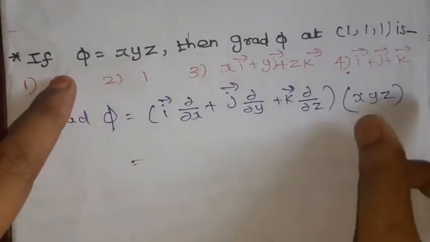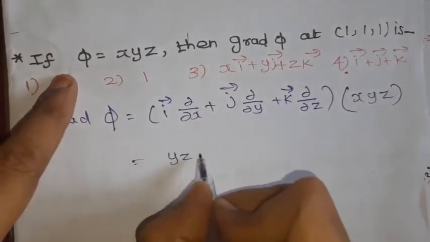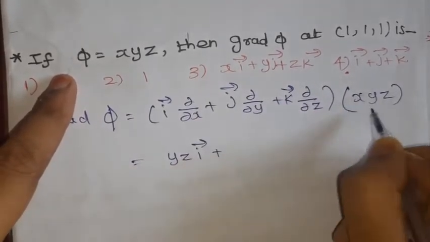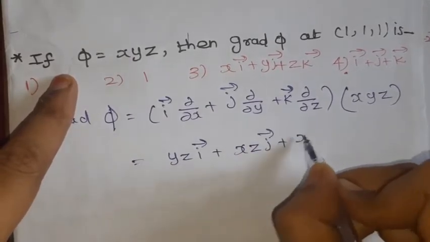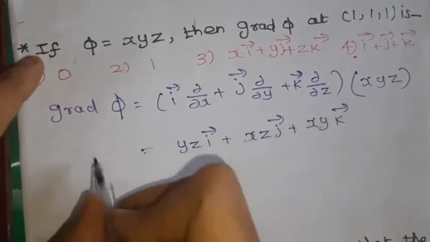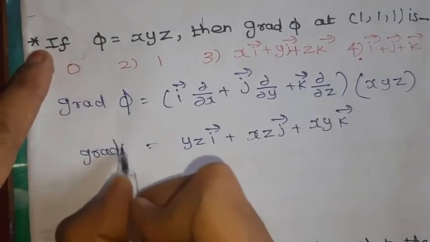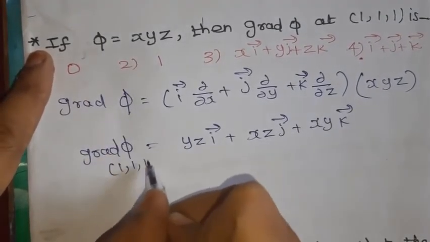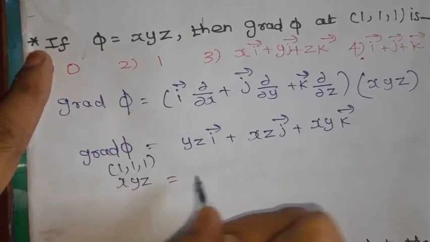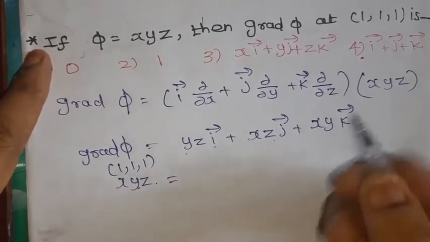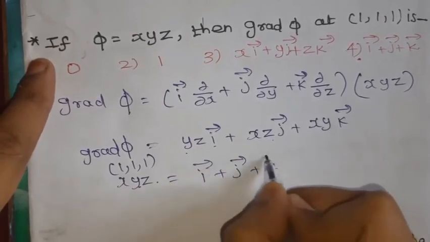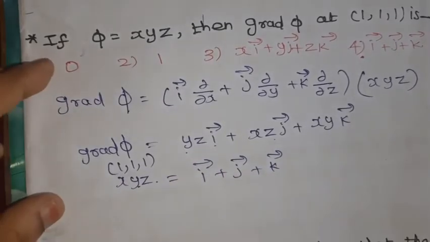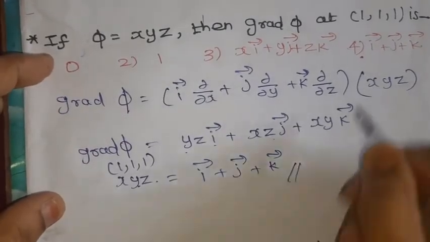When we substitute this, we will get yz i plus xz j plus xy k. So this is grad phi. At the point 1, 1, 1, x, y, z are all 1, so substituting we get i plus j plus k. This is grad phi at this point. Option 4 is the right option.